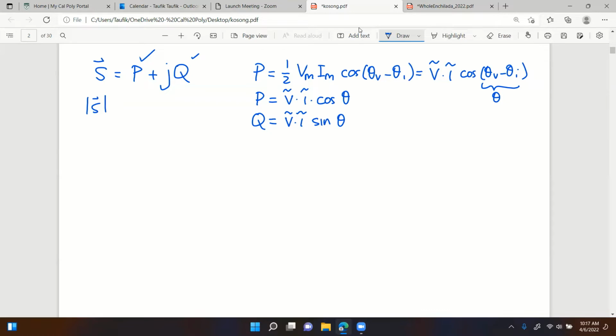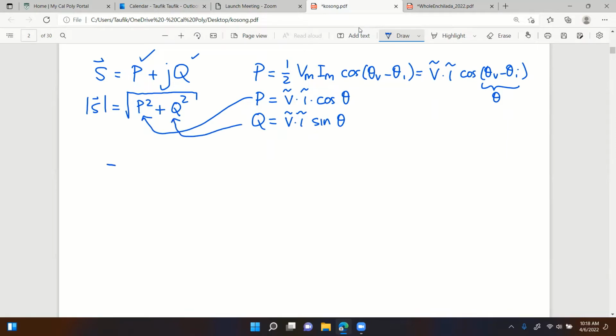And now we're looking for the magnitude of this. We learned that the magnitude of a complex number is equal to the square root of the real part squared plus the imaginary part squared, right? So I can plug in the equation for P there and the equation for Q there.